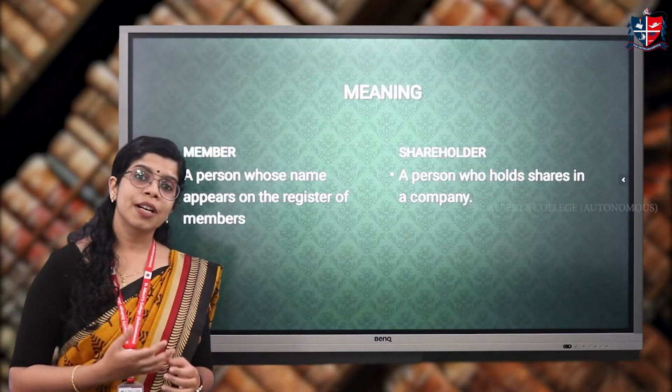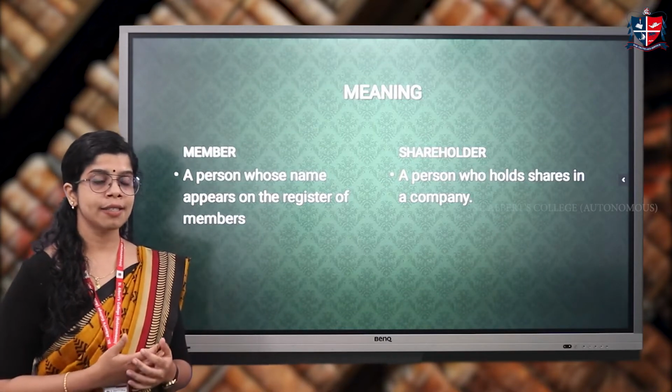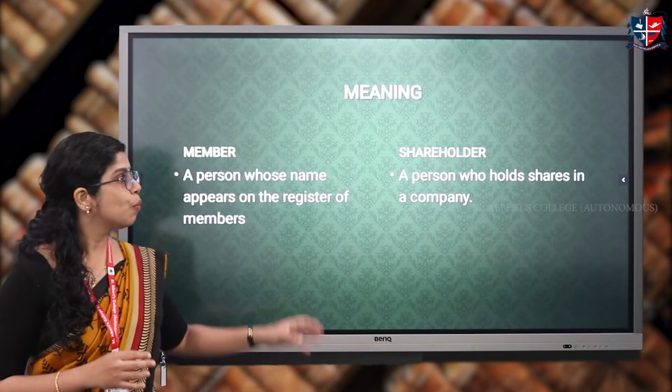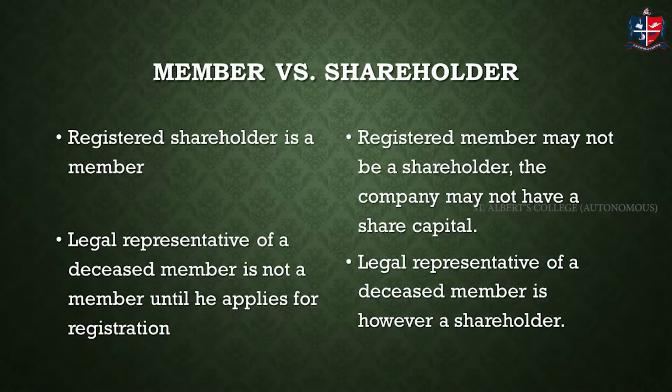But in the case of companies that do not have a share capital, that is when the question arises whether the person is a member or a shareholder. So we'll see what exactly is the difference between a member and a shareholder. A registered shareholder is a member of a company, because a registered shareholder has his name entered in the register of members.